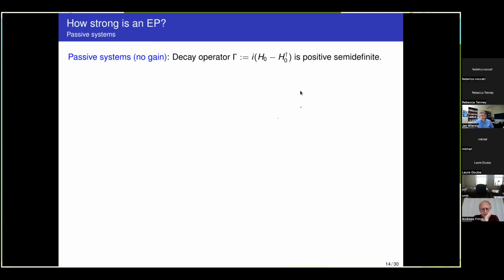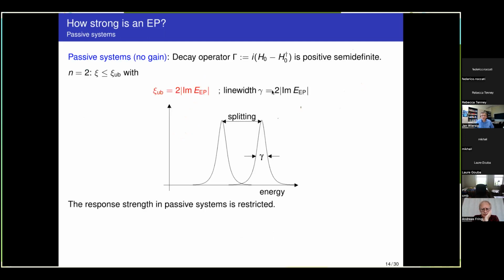Now, if you use this property, and I jump over all the calculations here, you can do for n equal to 2 a calculation showing that this response strength is bounded from above by this expression here, by 2 times the absolute value of the imaginary part of the exceptional point eigenvalue, which is nothing else than the line width that shows up in the spectrum. I call it here gamma. Now it's clear that if you want to resolve the splitting experimentally, the splitting should be larger than the line width.